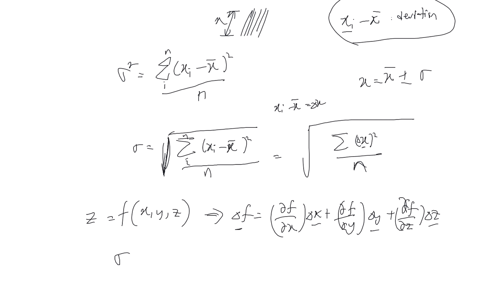So the sigma, our uncertainty here, when there are x, y, and z independent variables, is the sum of delta f squared over n. Not capital N, it is small n.